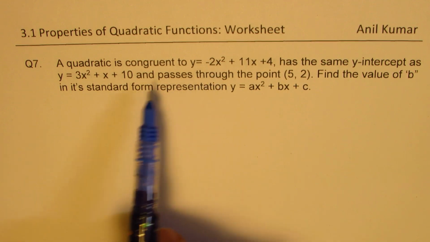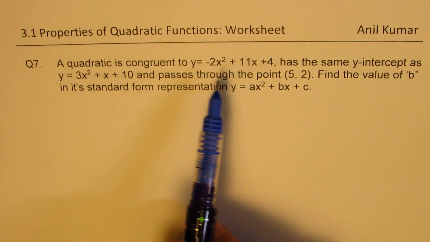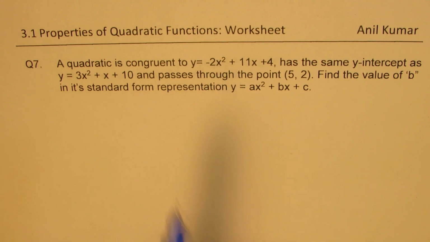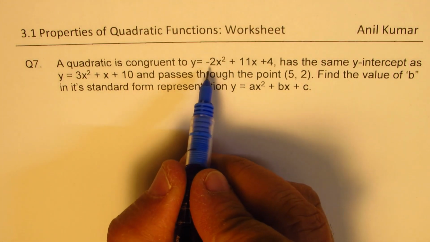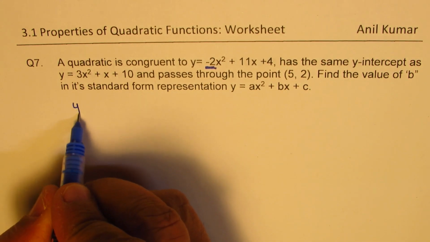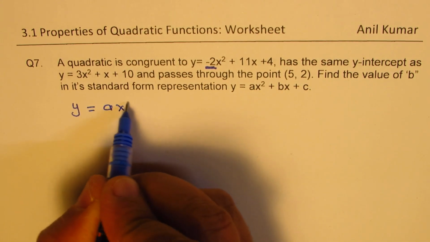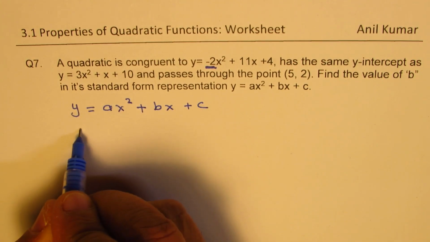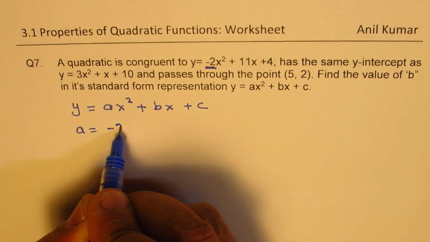Now to solve this, let's understand the situation. It says the quadratic is congruent to this particular function. It really means that the value of a has to match. So in our equation y equals ax squared plus bx plus c, a will be equal to minus 2.